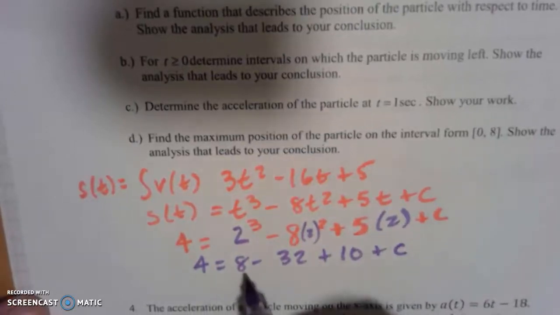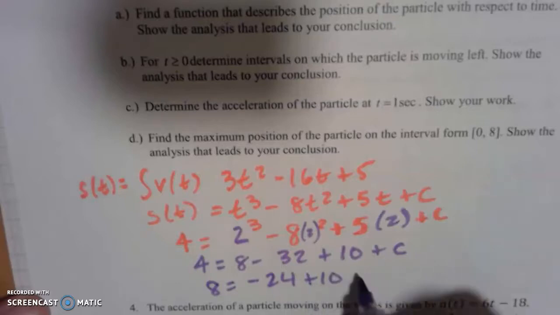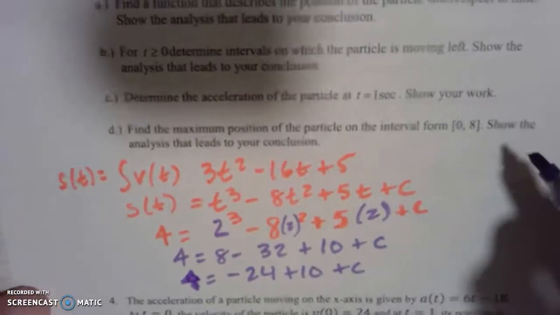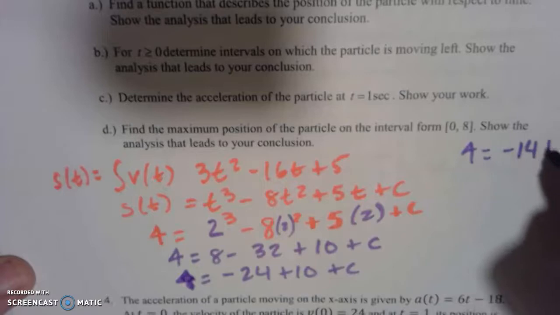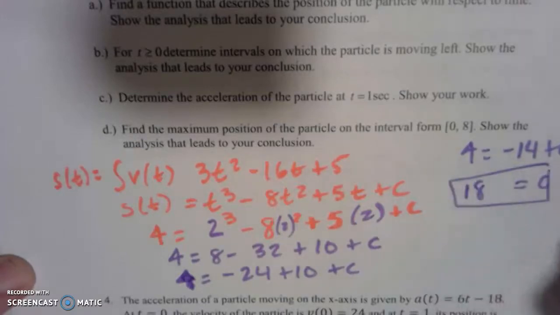So now let's solve this. 8 minus 32 is negative 24 plus 10 plus c. Oh, sorry, that's a 4. Come over here where I have more space. 4 equals negative 14 plus c, or c equals 18. Oh, we solved for c.